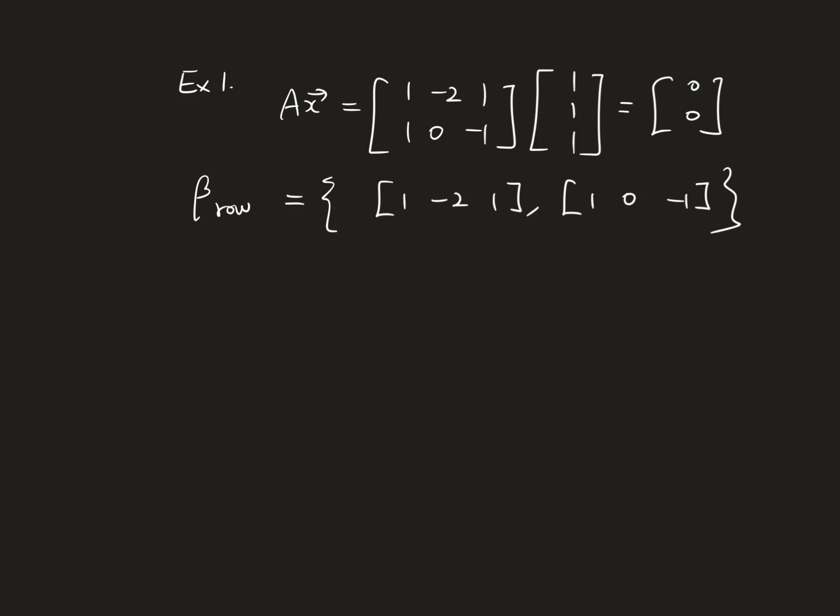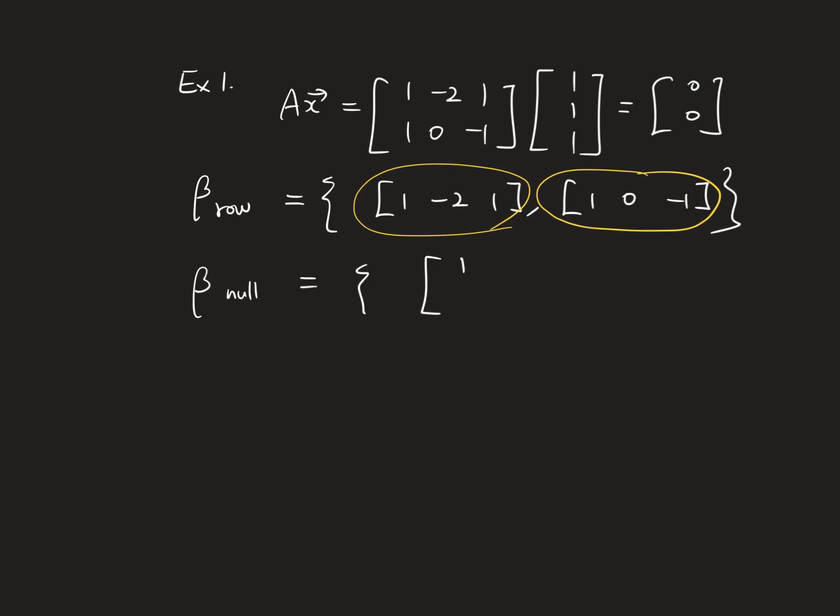This is a basis because these vectors are linearly independent, and the null space basis is (1, 1, 1), because we have 3 variables, but the rank is 2.